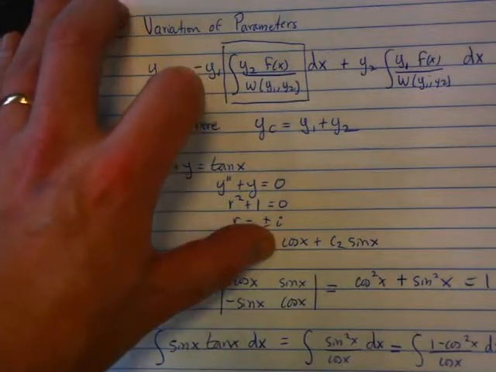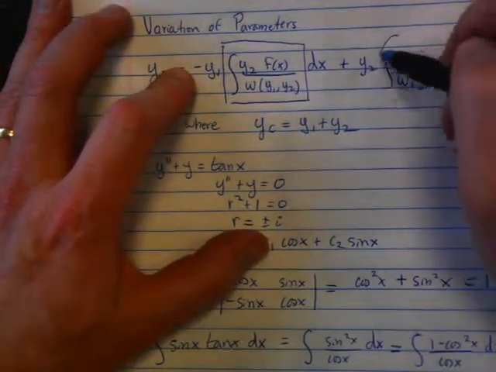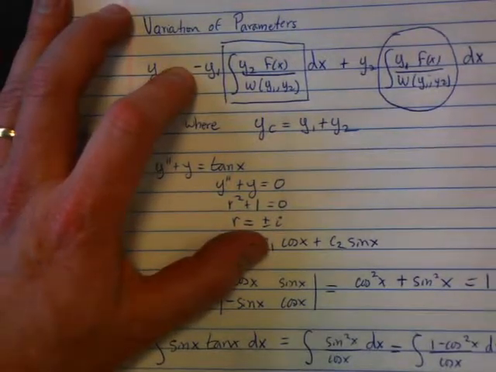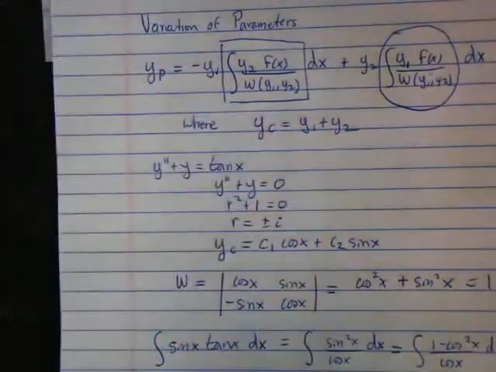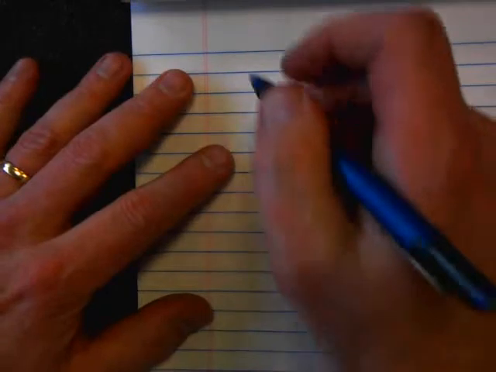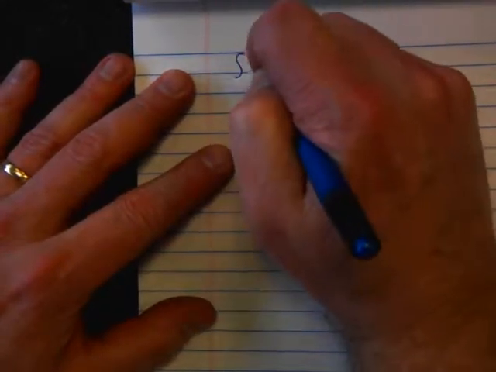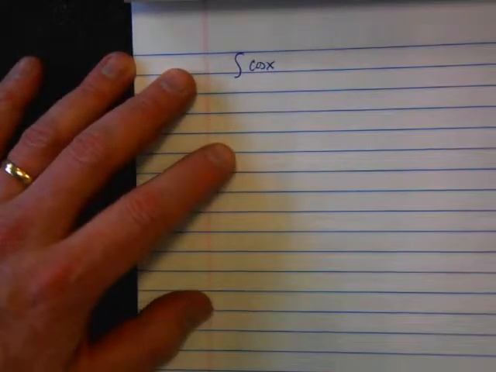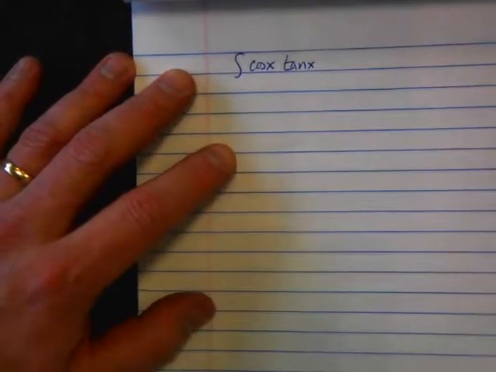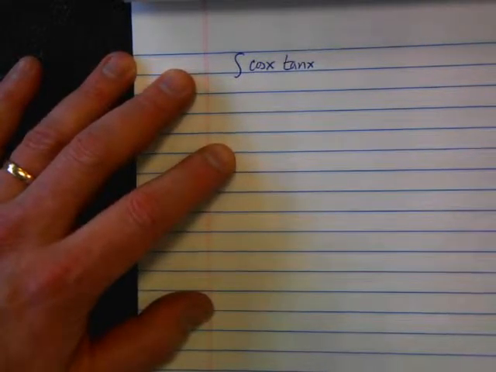But while we're here, we might as well also compute that integral. Might as well, because we've got to do it anyway. So that's going to be the integral of y1, which was cosine x, times f of x, which was tangent x, divided by the Wronskian, but the Wronskian was the number 1.